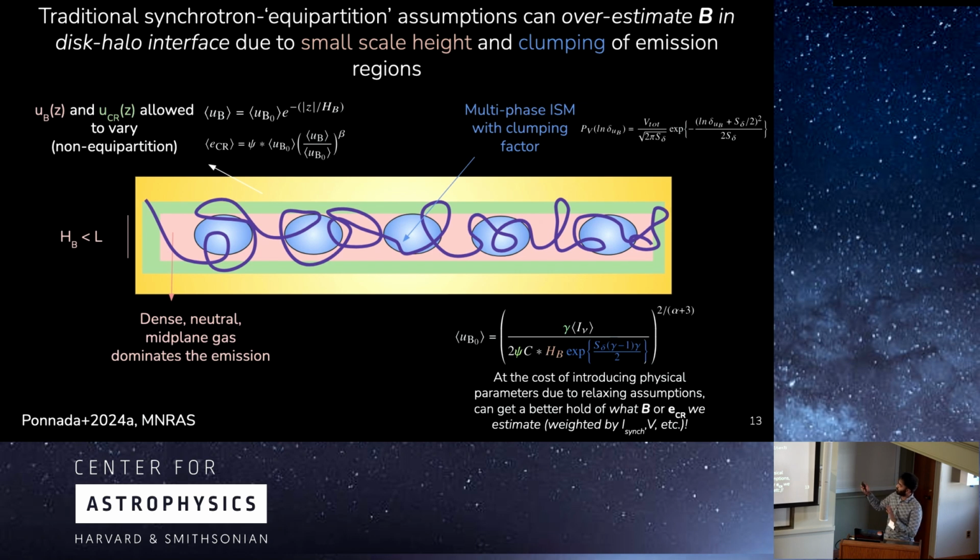And so I won't go through the details of this model, but basically we work out an extended equipartition model that relaxes some of these assumptions so we can get a better handle on what the magnetic field and cosmic rays are doing in different phases of the ISM and disk halo interface.